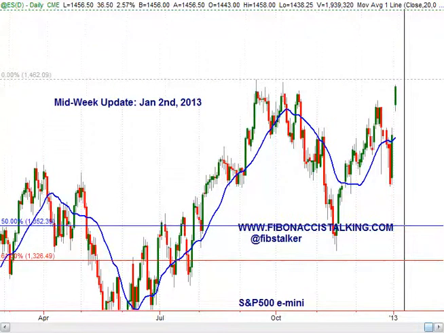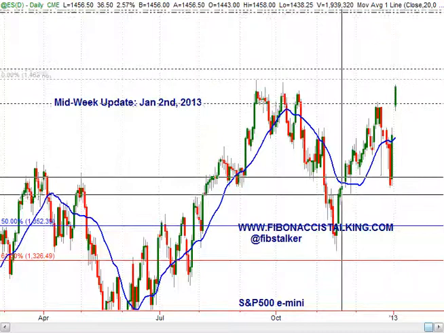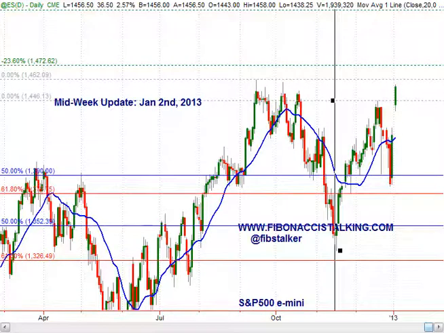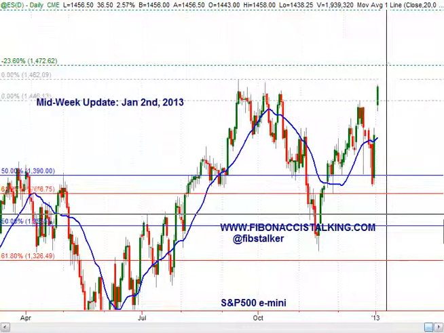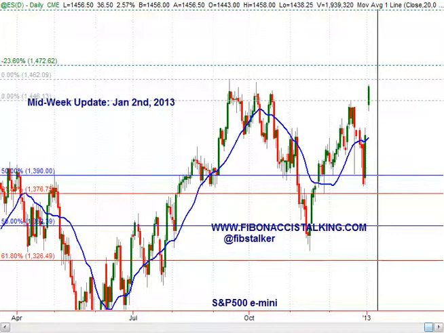And what happened in the last 2 days, especially at the end of last year, 31st of December, is that we held this support level in 1390, and price never went below 1376.75.